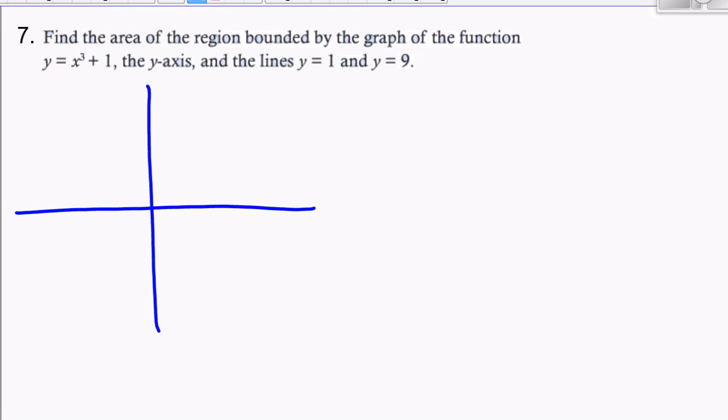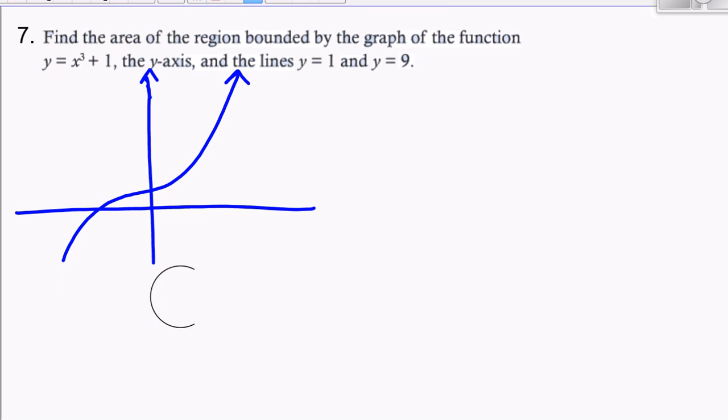It's a cubic function translated up. This is not really the best one. If I have something like that, that will be better.